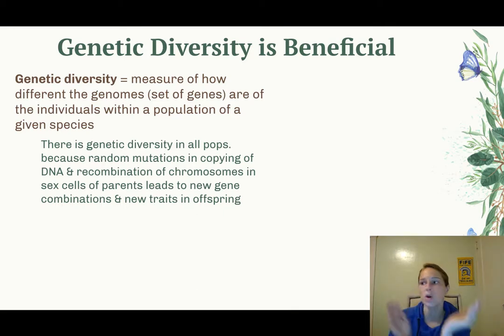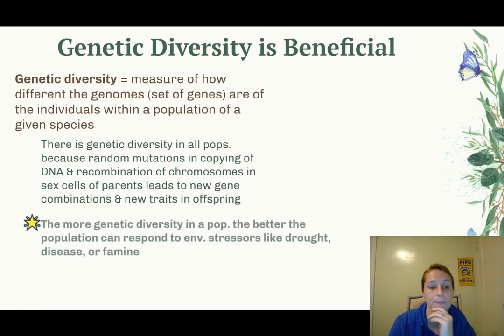So just the way that DNA and sex cells work, you are going to naturally have a lot of variety in individuals in a population. And so this is going to lead to new traits in offspring.